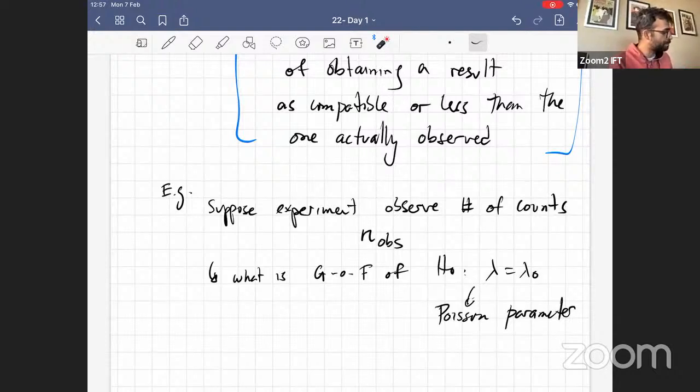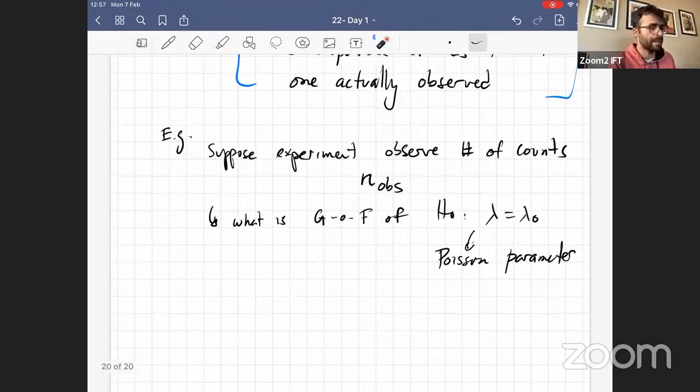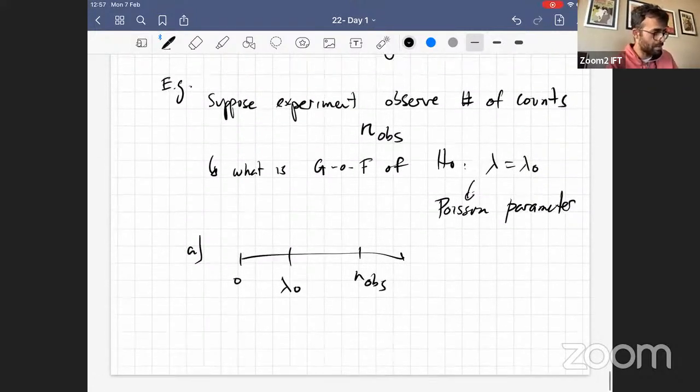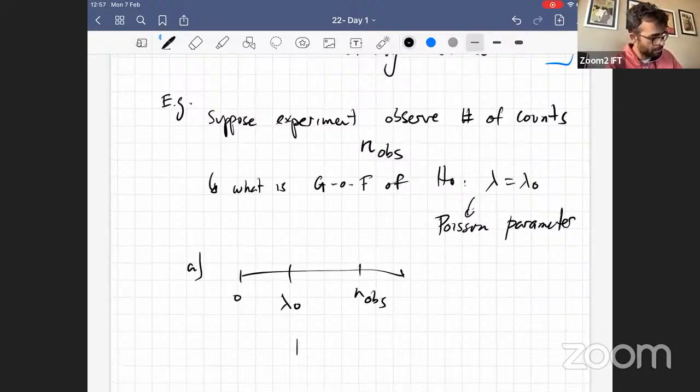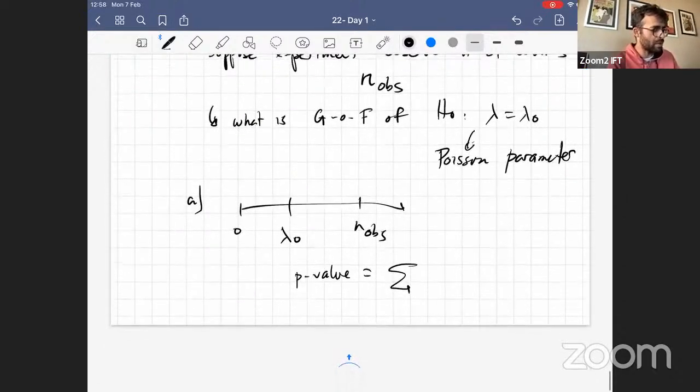And then what is the goodness of fit of H0? That depends. Why does it depend? You have two situations. Imagine that you have 0 here, an observation here, and your hypothesis is here. In this case you can compute the p-value. Go back to the definition: the probability of obtaining a result as compatible or less than the one actually observed.